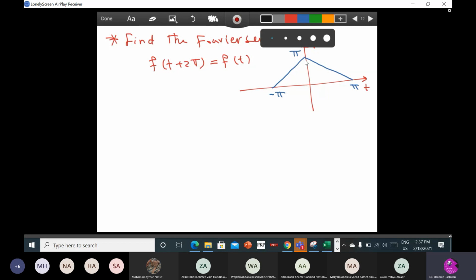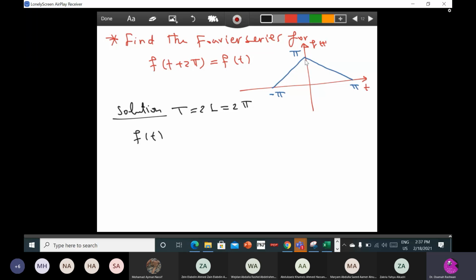Now, the first step, you have to make sure what is your period, T or 2L if you like. It is 2 pi. Next, I have to check my function. So f of t, is it odd or even? Even.